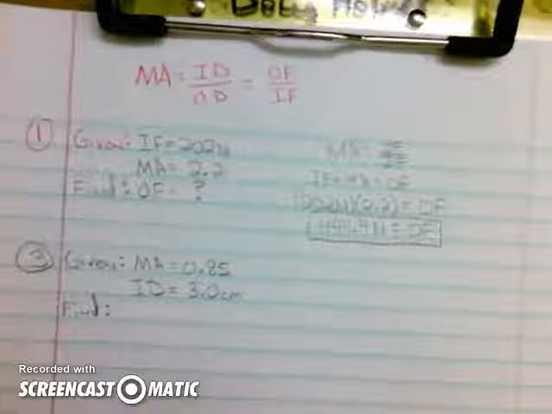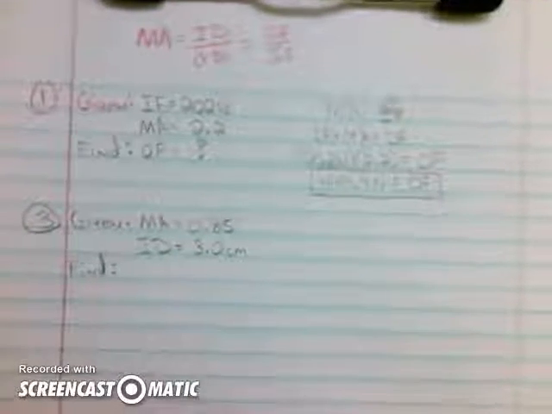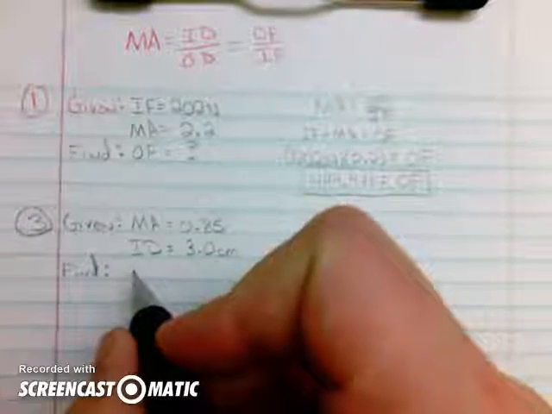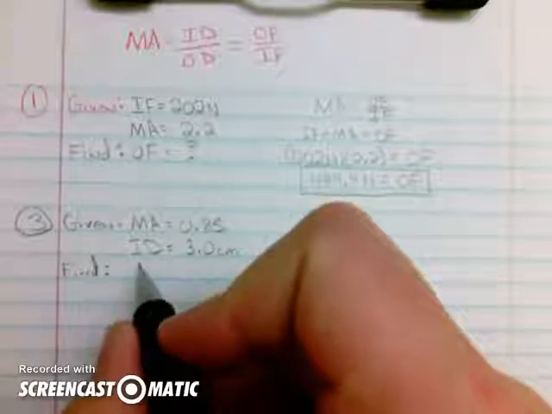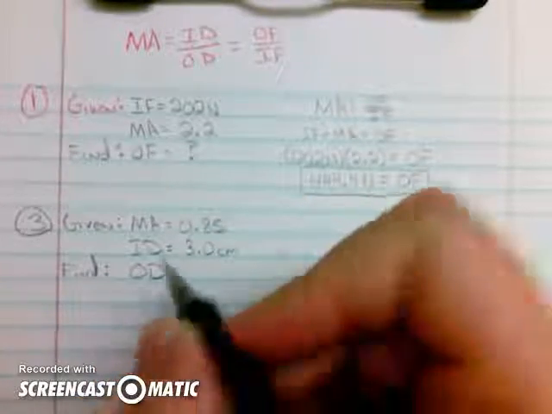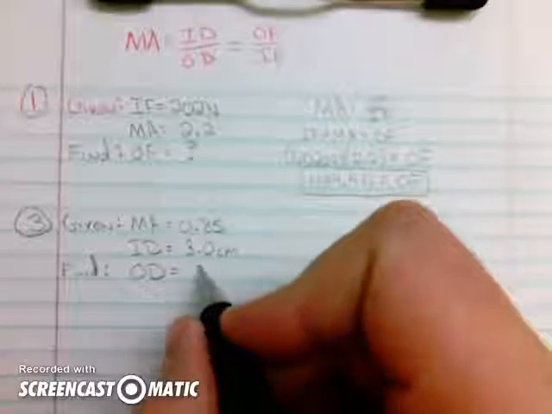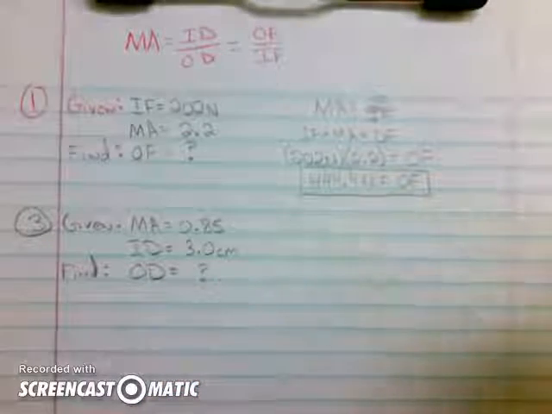All right, now we're trying to find the output distance. Okay, how far is the wood split? And we're thinking down, not outwards. So how far is it split? Well, we don't know that. Question mark. That's what we're trying to find.